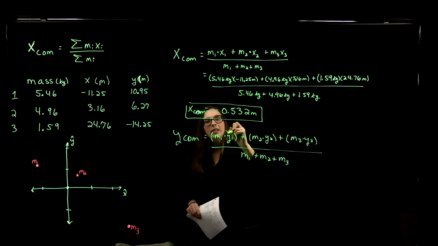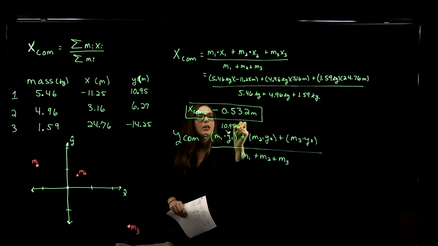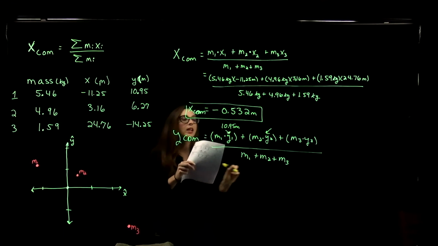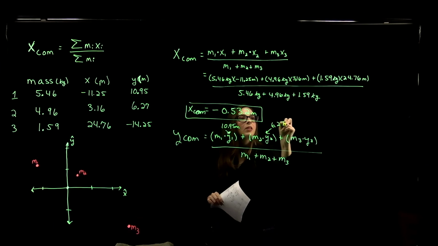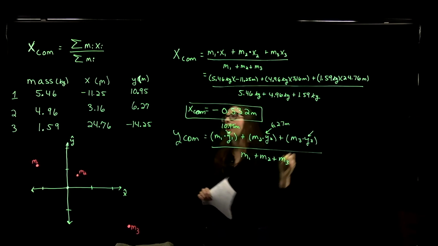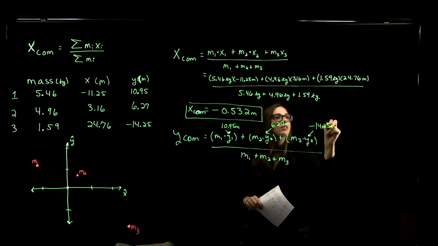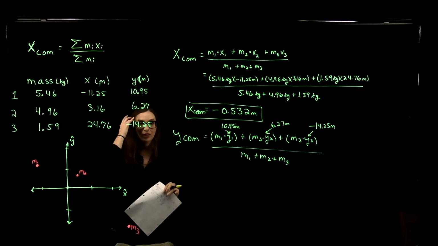Okay, so we come over here, we look and see that for mass 1, our position away from where we say y is equal to 0 is 10.95 meters. For our second mass, our position from y equals 0 is 6.27 meters. Our third mass is minus 14.25 meters. Okay, so don't forget to include those minus signs whenever you're plugging everything in.